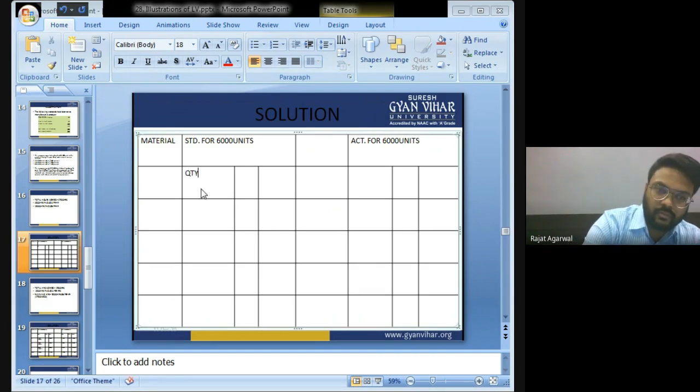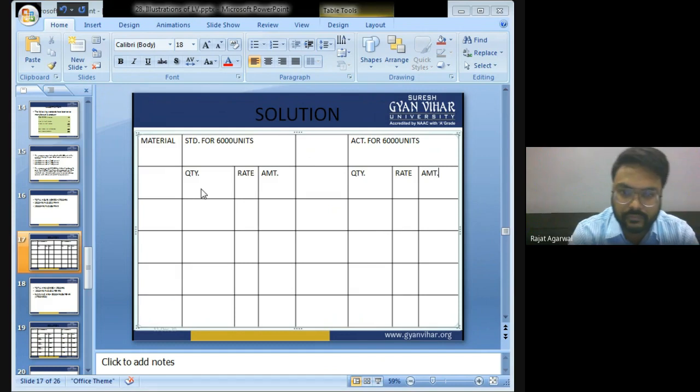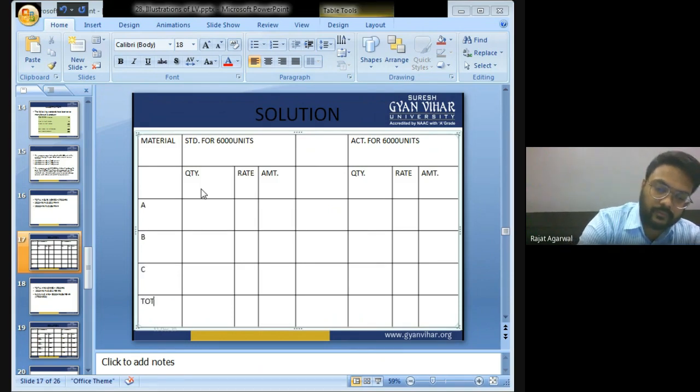Now quantity, rate, amount. Quantity, A. Category of material is A, B, C, and here total.